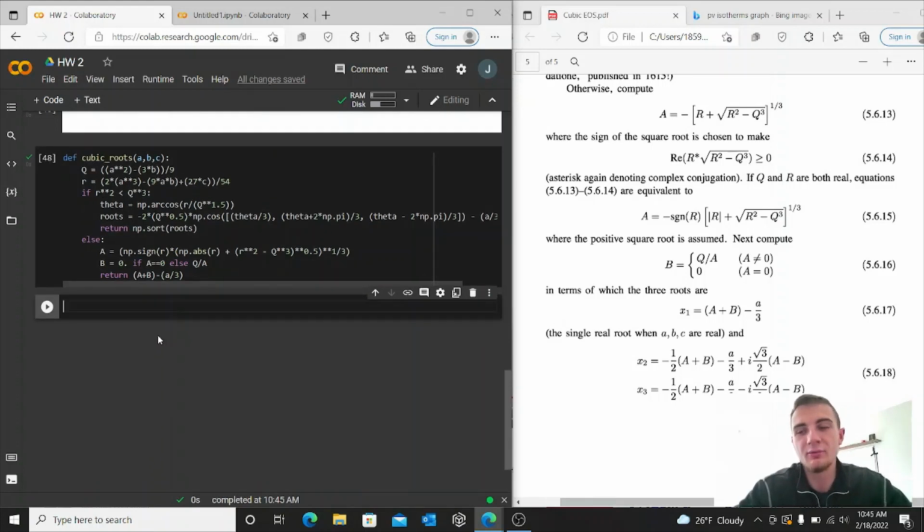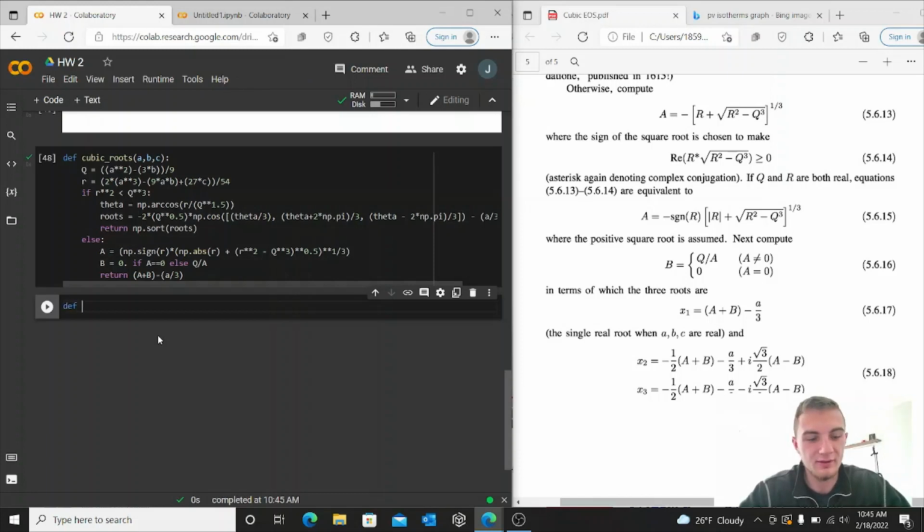And now that we have set up our conditions to calculate our roots, we can go ahead and define a function that will return to us the specific volume that we're looking for. Now remember, in this problem that we're trying to solve, we are given the pressure and the temperature, but we want to solve for the specific volumes.